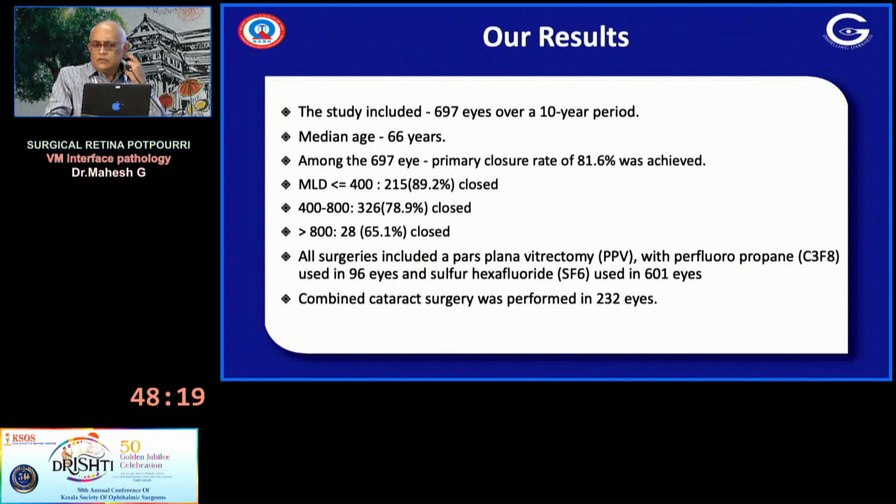We analyzed around 697 eyes done over 10 years, and we had a closure of 89.2%. The hole size is called the minimum linear diameter; the base will be more and the diameter less. Success is high when the minimum linear diameter is less than 400 microns, above that the success rate reduces, and above 800 it is a little less.